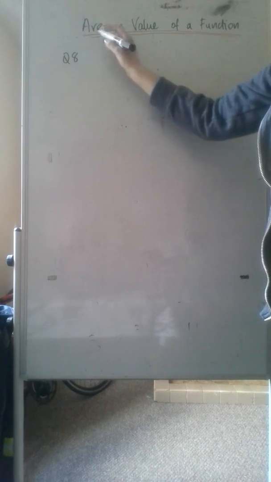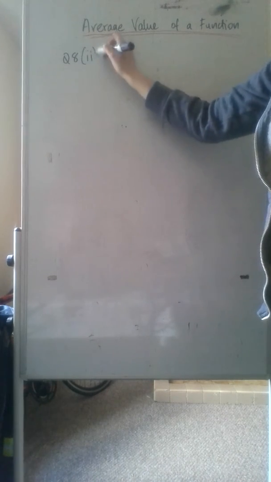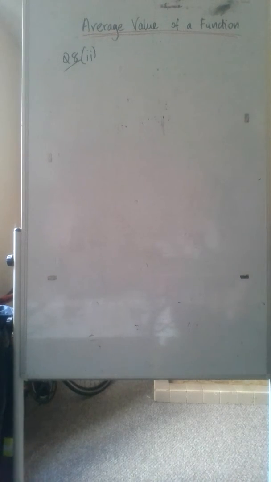Okay, so I'm going to now do another question of these, and it's going to be question 8, part II. This one says find the average value of each of these functions.